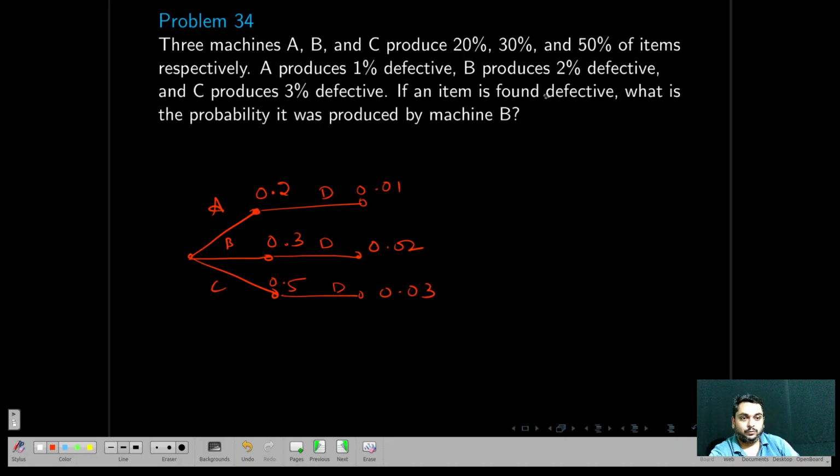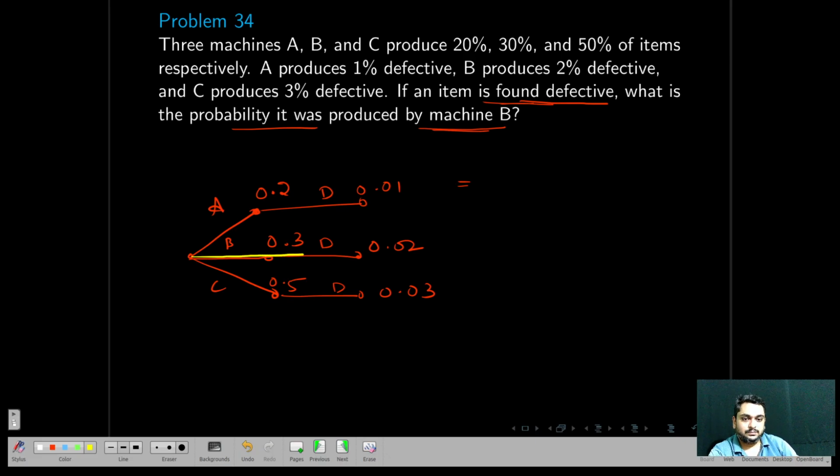If an item is found to be defective, already saying it is defective, what is the probability that it was produced by machine B? See, I am not taking non-defective cases here because they are already saying it is found defective. So it is found defective and it is by machine B. So this is the path I have to select.